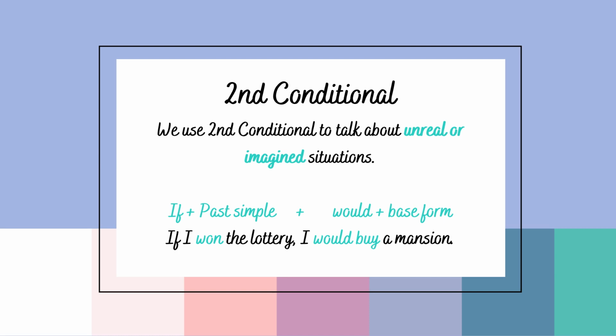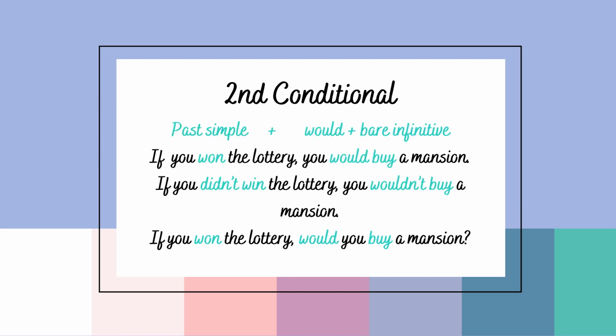You could say, I would buy a mansion if I won the lottery. In negative, it would be, if you didn't win the lottery, you wouldn't buy a mansion. And in question form, it would be, if you won the lottery, would you buy a mansion?